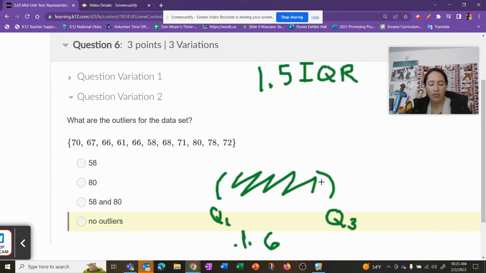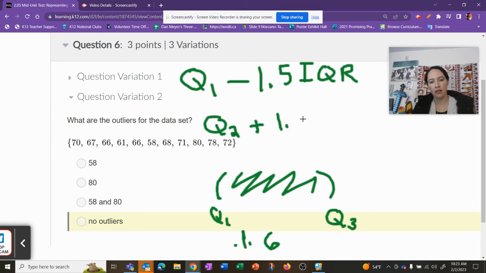Because most of our middle half of our data is between these two numbers, if it's 1.5 times away from it, we're going to consider that an outlier, too far away from our data. So our lower bound would be the Q1 minus this. Our upper bound would be the Q3 plus this.